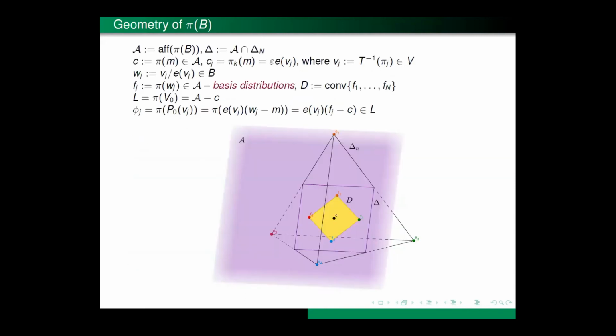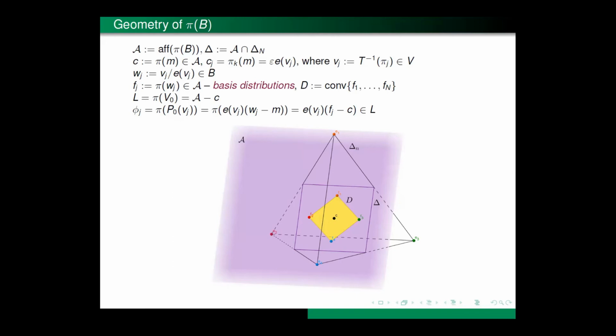Now a little bit more about this geometry with respect to this probability simplex. First, we define this affine space A. So it's the affine span of this mapped state space.